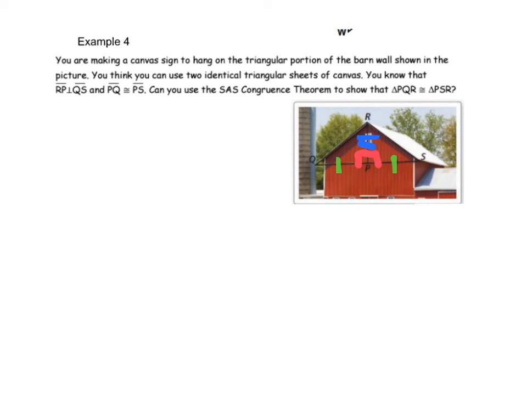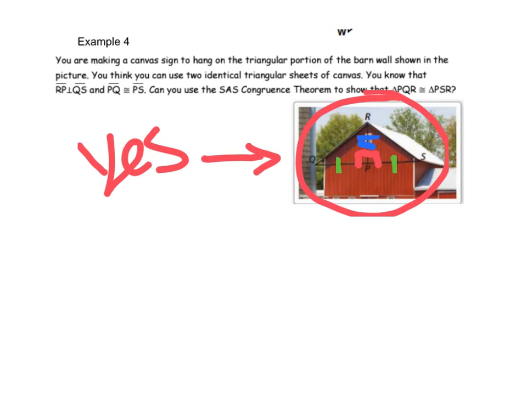And hopefully you do see that where RP and QP meet, that 90 degrees is included. And on the other triangle where SP and RP meet, again, that angle is also included. So, can you use? Yes, we can. Okay, you most definitely can. Make sure that you do show these markings on your picture because that's what justifies us being able to prove that.